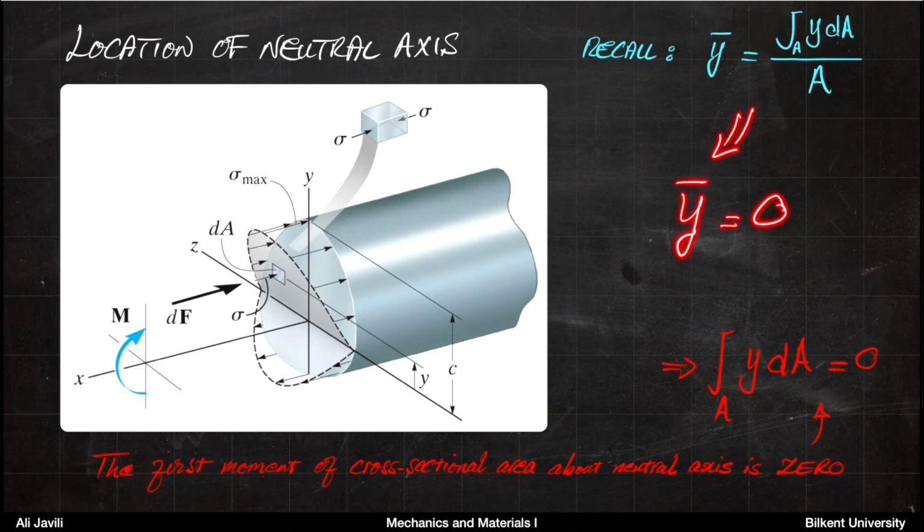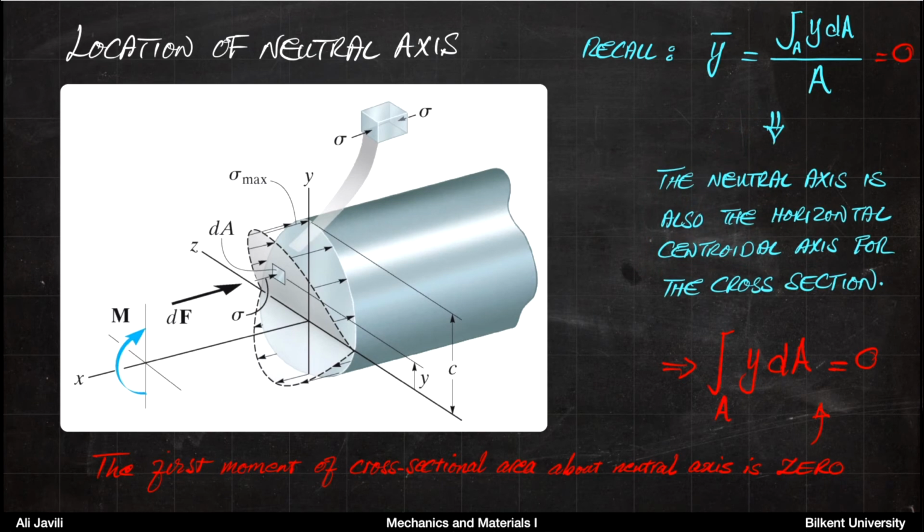So basically, it tells you if you measure the y-coordinate from the neutral axis, y bar must be 0. In other words, the neutral axis is also the horizontal centroidal axis for the cross section. So the neutral axis coincides with the centroid. Otherwise, y bar could not be 0.